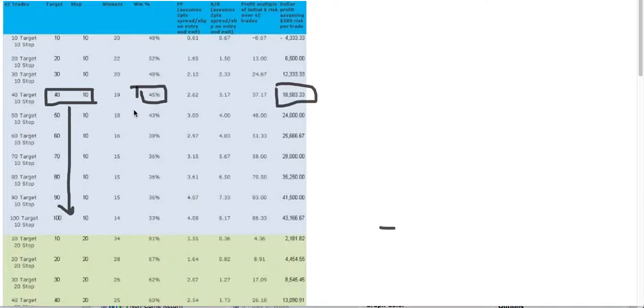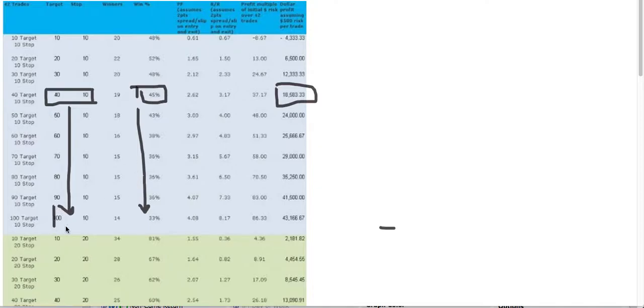And what was interesting to me was as he increased his risk to reward, the win rate was dropping, but it wasn't linear. Okay, so as he increased his risk to reward, the win rate was dropping by less each time.